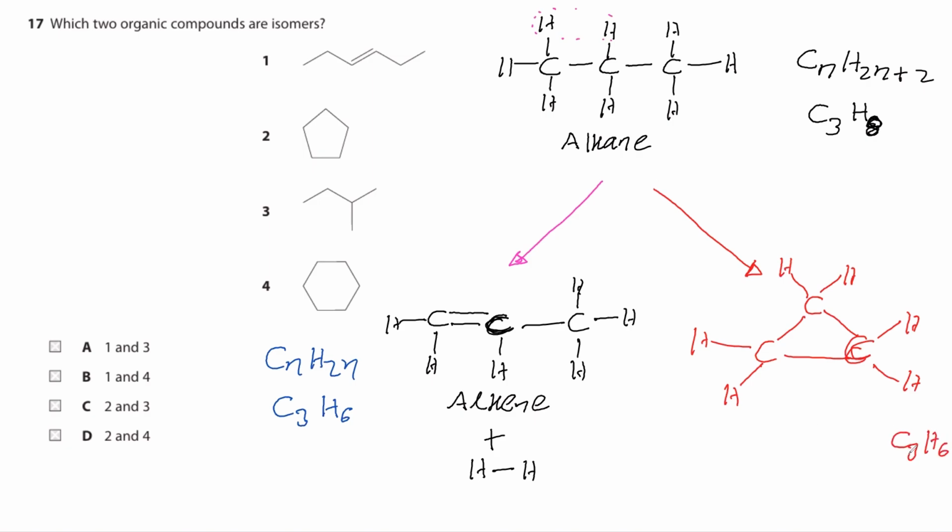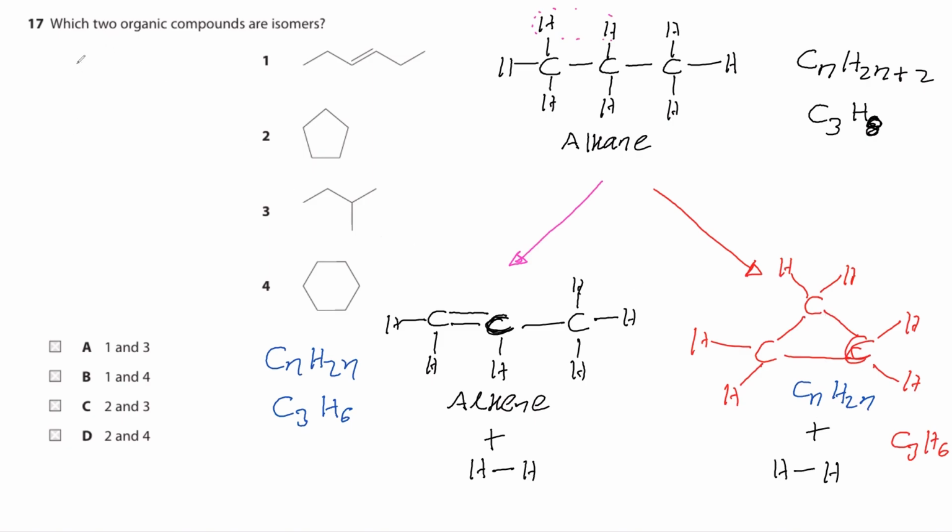That means forming a double bond is equal to forming a cycle, because when they form a cyclic product, they also have to give away a hydrogen molecule. So the general formula of both alkene and cycloalkane is the same, CnH2n. Forming a double bond is the same as forming a cycloalkane in terms of general formula and removal of hydrogens.